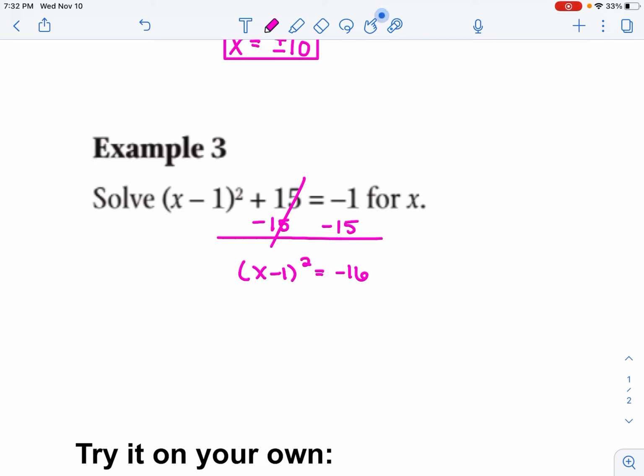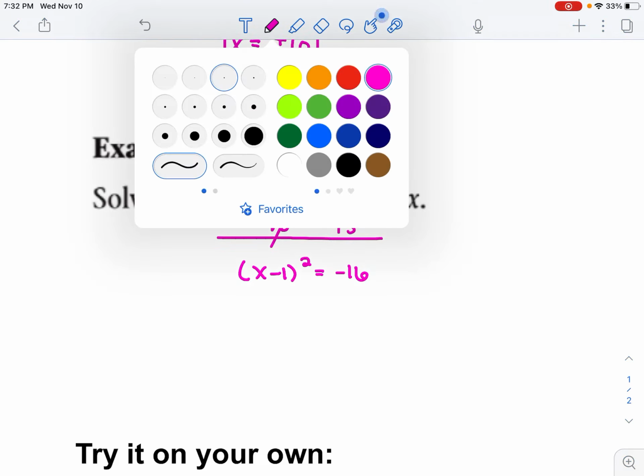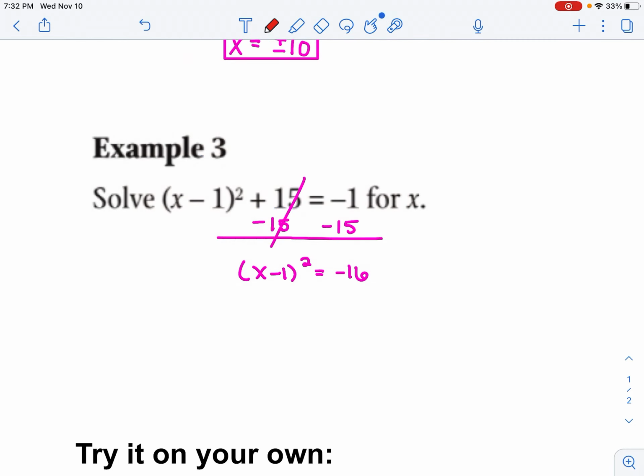So at this point, I have no terms in front of the parentheses or behind the parentheses. So I need to get rid of that exponent. So I can go ahead and take the square root of both sides.